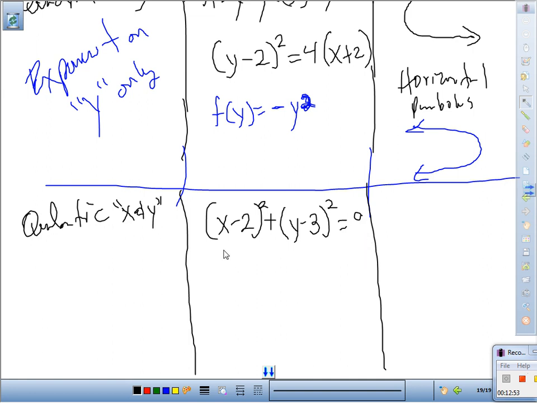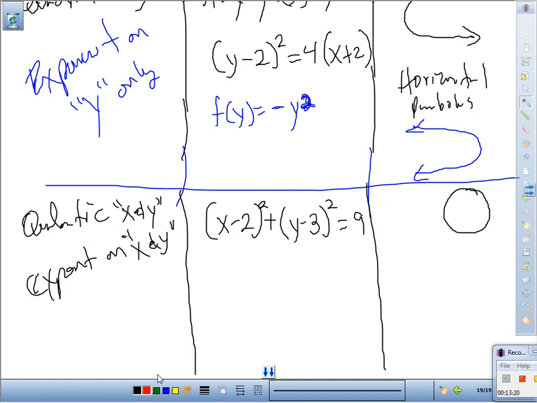What do you guys notice? Now the exponent is on what variables? Both x and y. So what does that mean, Mr. Q? Yeah, that at the end we're going to get a circle. Exponent on x and y.